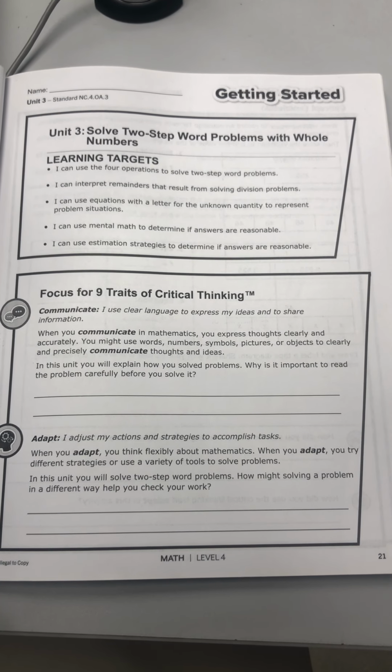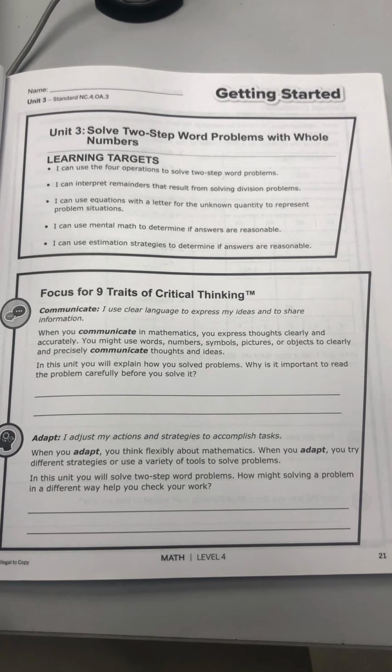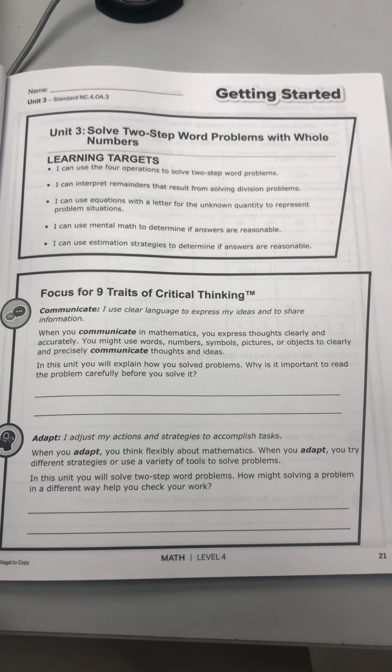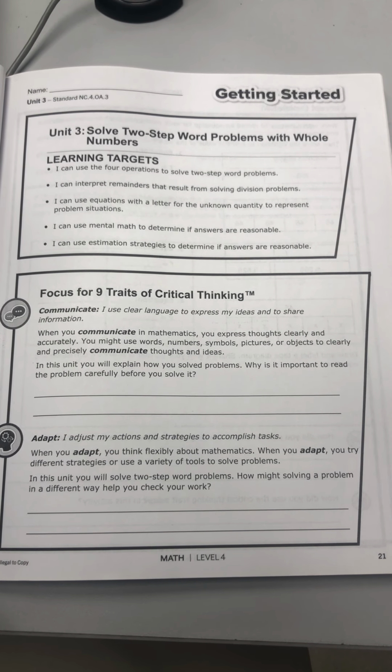So, focus for 9 steps of critical thinking: Communication. I use clear language to express my ideas and to share information. When you communicate in mathematics, you express thoughts clearly and accurately.